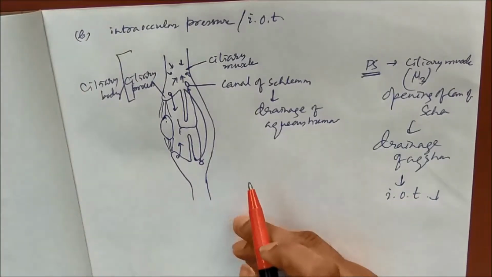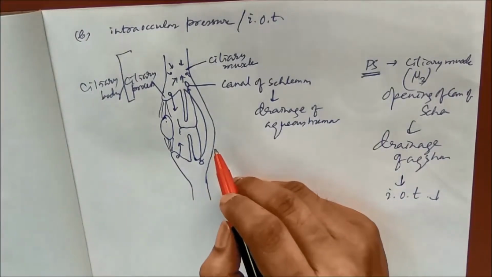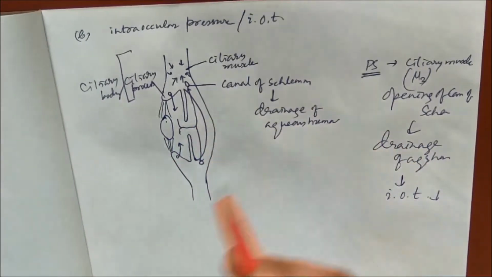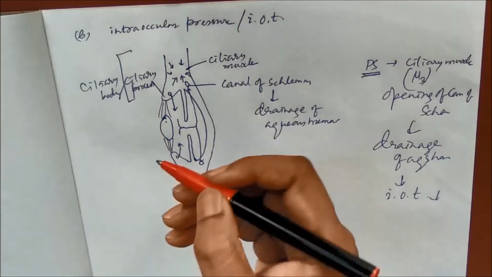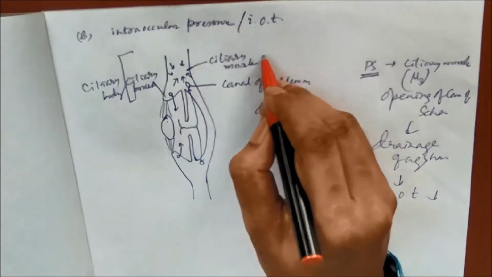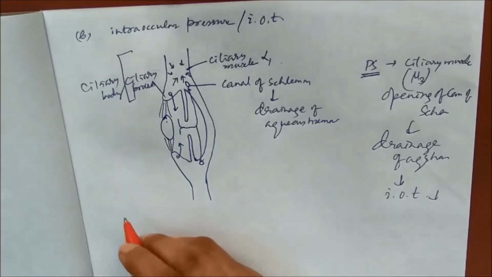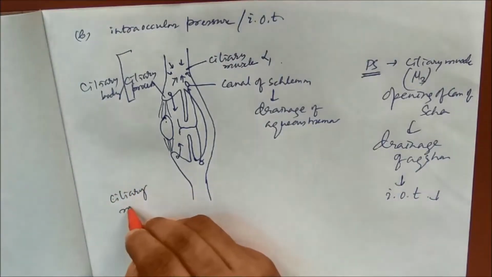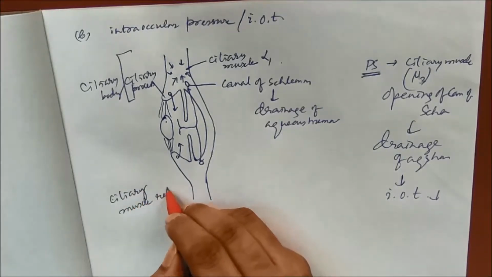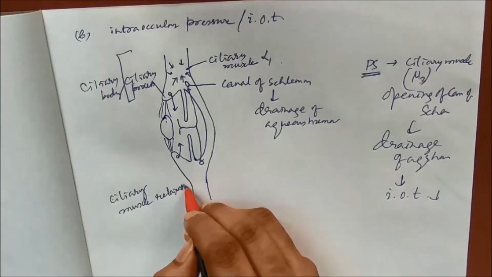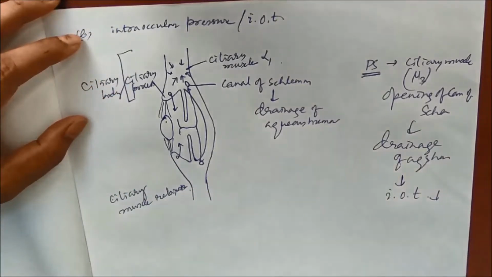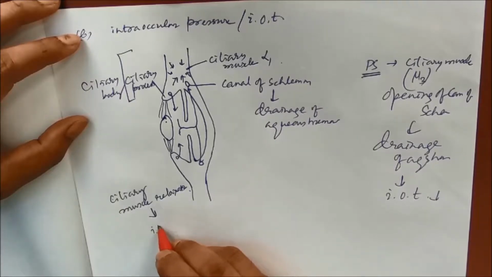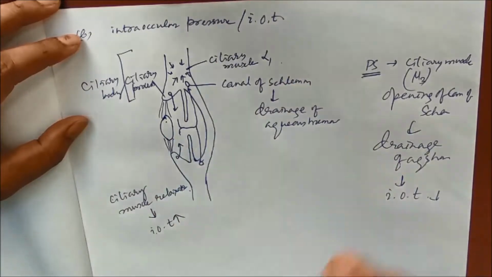In the sympathetic case, there is no innervation, but the receptor is there. Because the alpha 1 receptor is there, it causes ciliary muscle relaxation, and ciliary muscle relaxation will lead to an increase in intraocular tension because there will be no drainage of aqueous humor.